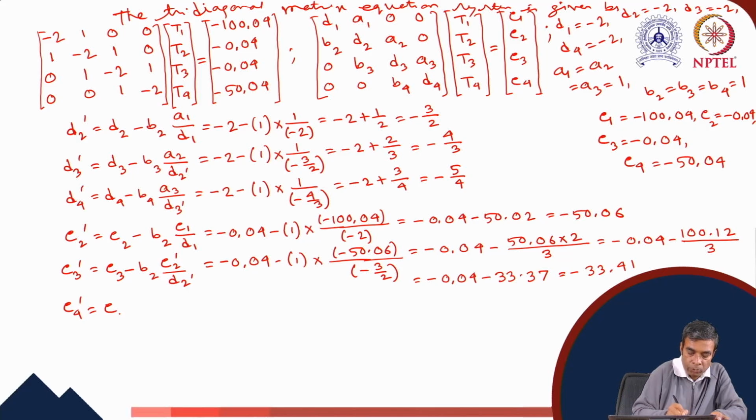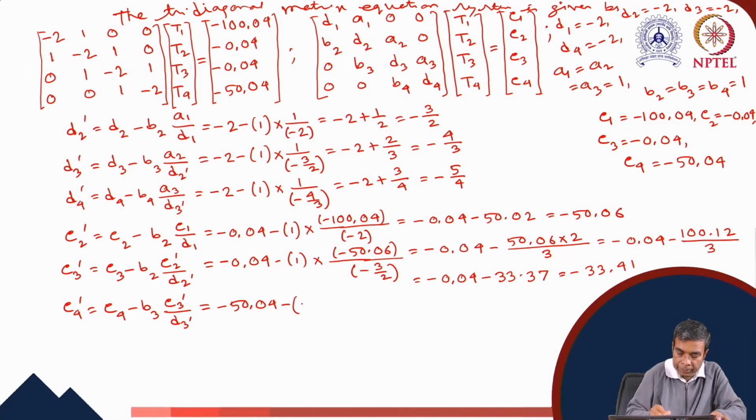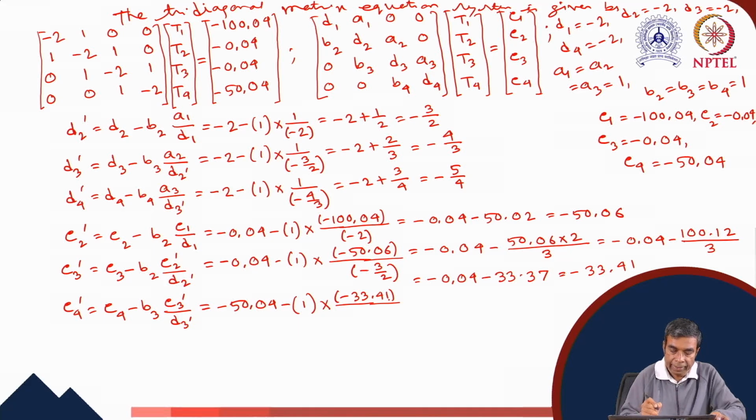C4 dash equals C4 minus B3 into C3 dash by D3 dash. Our C4 is minus 50.04, minus B3, which is 1, into C3 dash. C3 dash is minus 33.41, divided by D3 dash, and D3 dash is minus 4 by 3.